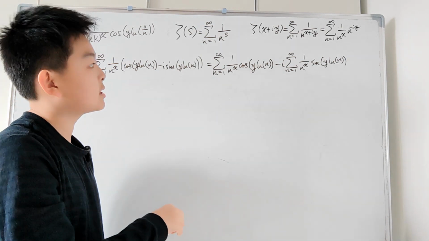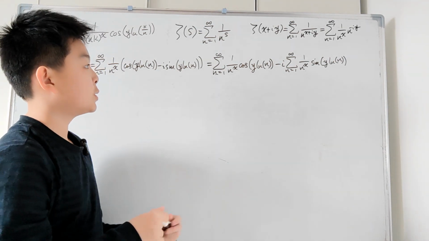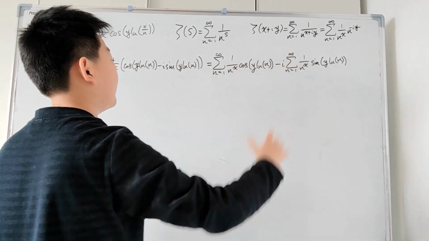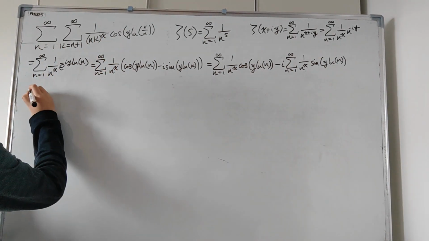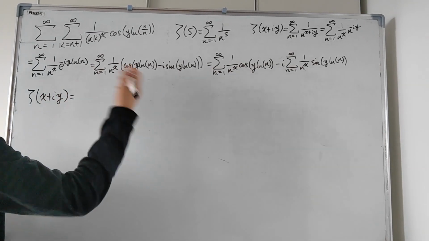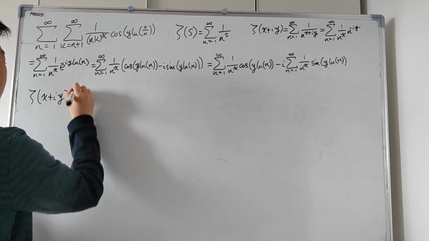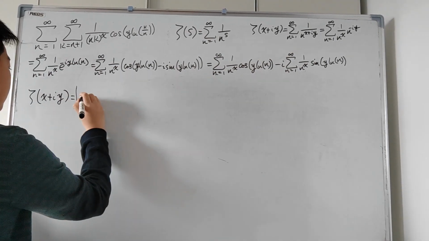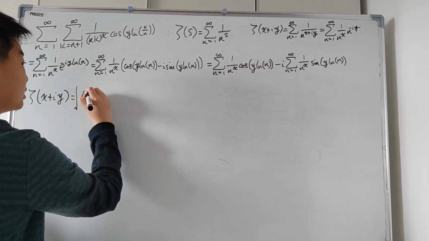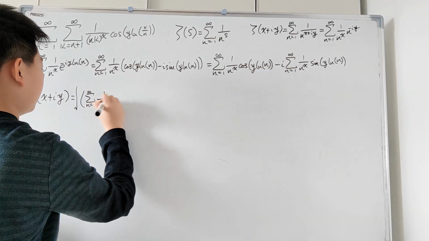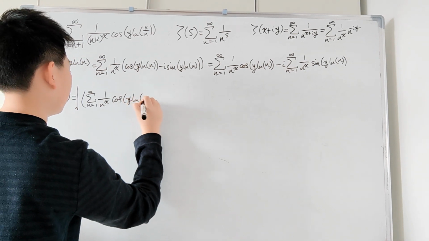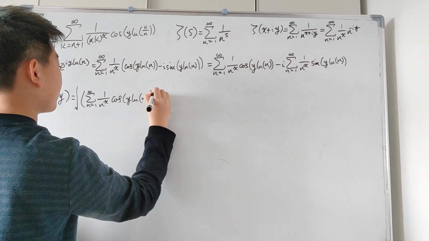And what we're going to do next is switch to polar coordinates. So if you treat these as two known values instead of just functions, you can also write that zeta of x plus iy is going to be equal to r, where r is the square root of this thing squared. So we have the sum, n from 1 to infinity, of 1 over n to the x times the cosine of y natural log n, and this entire thing squared.